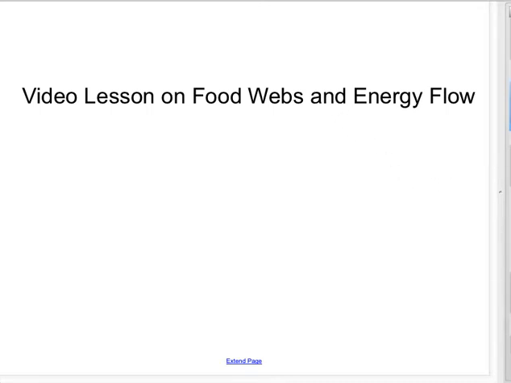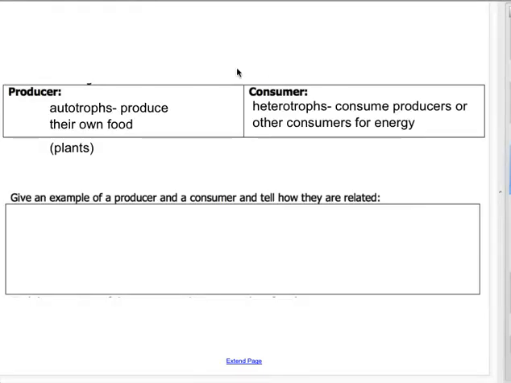So let's start by defining some things. We've got producers and we've got consumers. So write down this definition in your notes, or write down something that means the same thing but makes better sense to you. In general, producers are autotrophs. They're the ones that produce their own food. That's the plants, right?